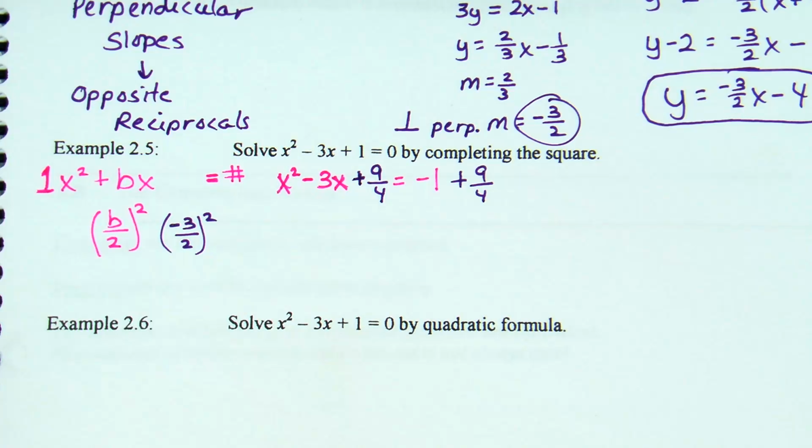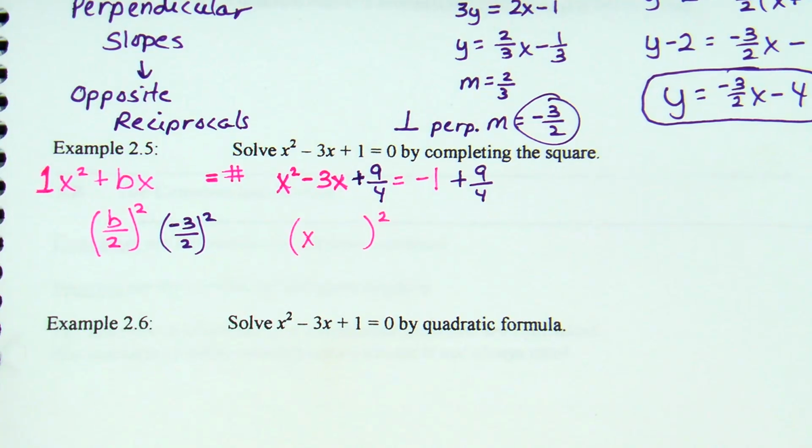The whole point of completing the square always is that I can now factor it into a perfect square. Anytime you complete the square, your next step is, okay, now this factors into a perfect square. Remember, x squared breaks into, officially, x times x. Do you remember how to get the number?